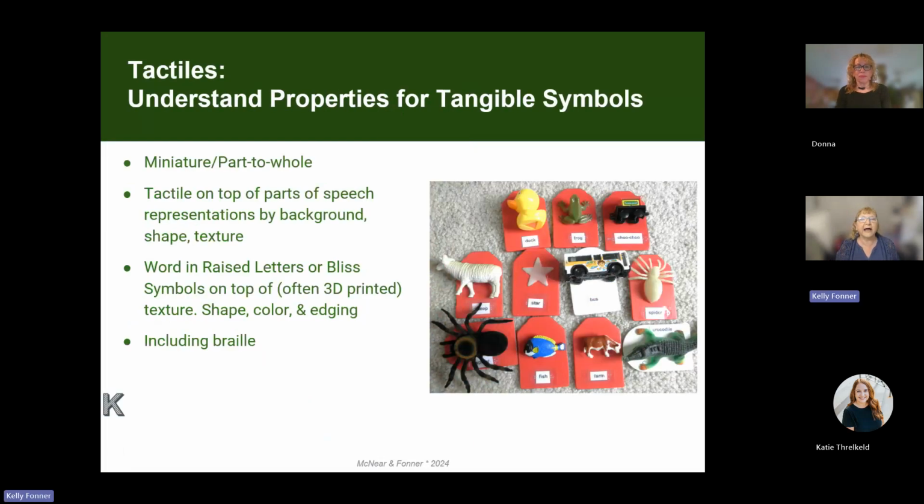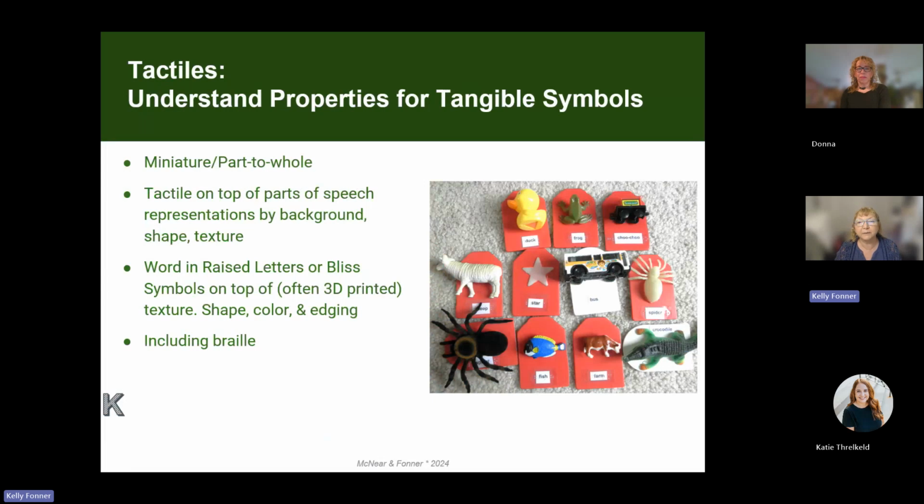We look at the properties, so we'll go into each of these components of feature matching, where in some tactiles, it is a tangible object that is a miniature, as you see here in these representations of animals and objects that might be a part of songs, where they are little miniature representations.